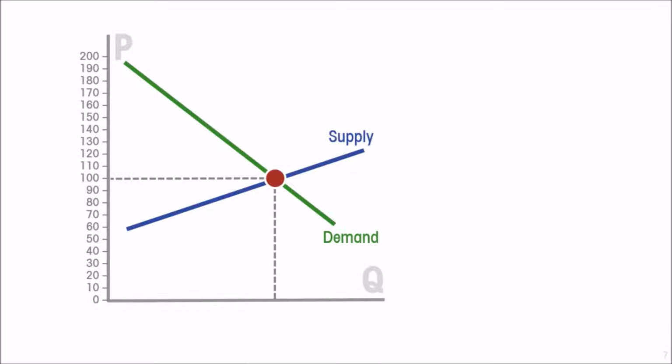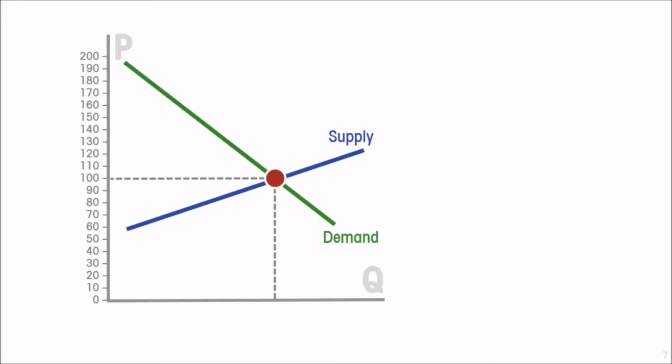What a tax does is it causes those two prices to diverge by the amount of the tax. The amount that buyers are going to pay is going to be different than the amount that sellers are going to ultimately receive. And the difference is the amount of the tax.